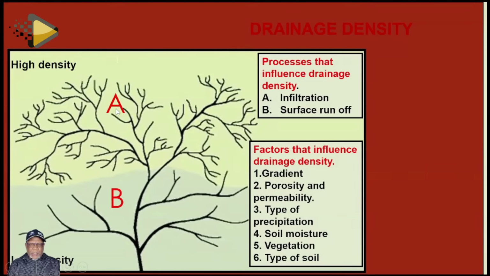How is the drainage density at A compared to the drainage density at B? We can say drainage density at A is higher. Now, here are the factors that are influencing drainage density: gradient, porosity and permeability, type of precipitation, soil moisture, vegetation, and type of soil.